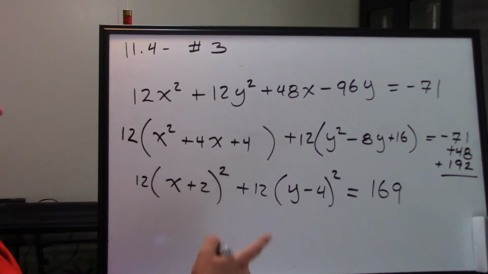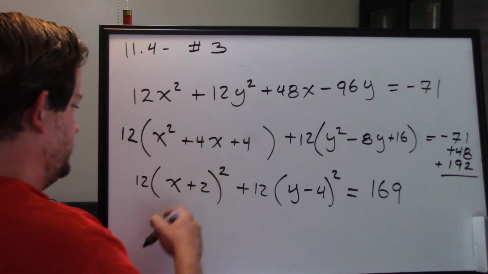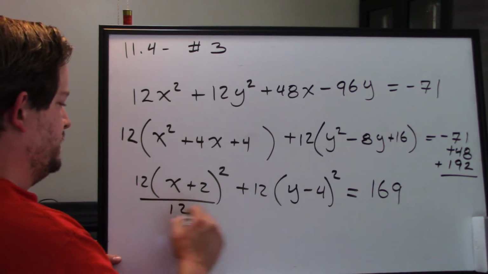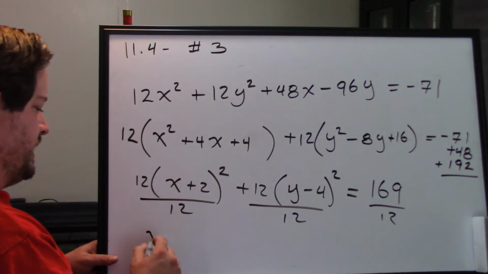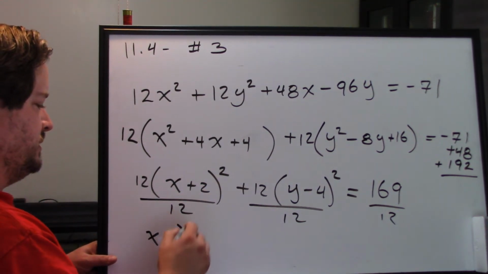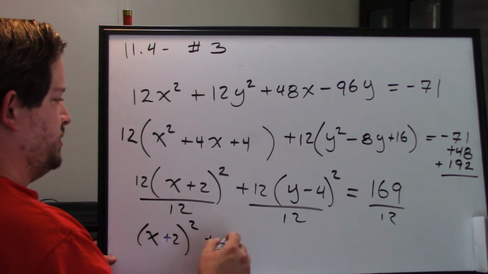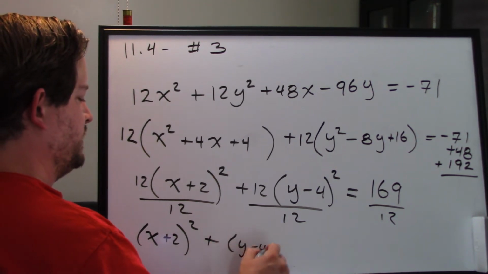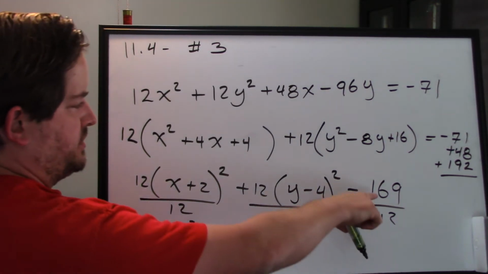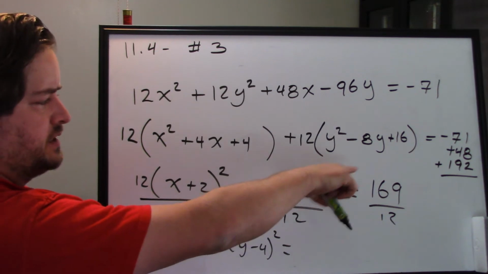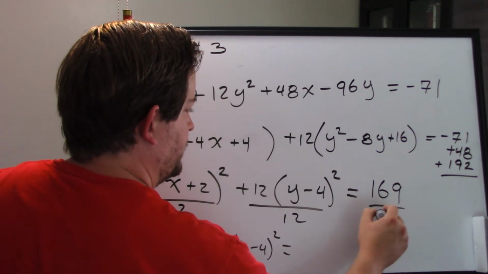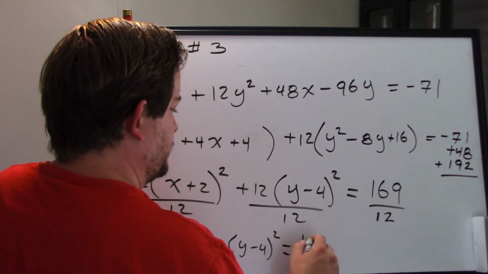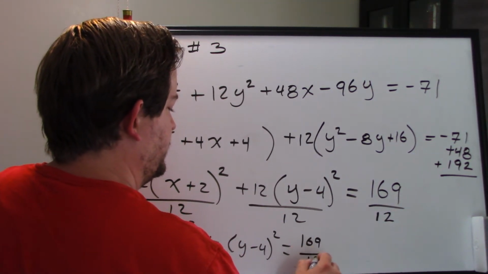And then I would simply divide everything by 12. Divide this by 12, divide this by 12, divide this by 12, and this looks like a circle. X plus 2 squared plus y minus 4 squared is equal to 169 over 12. This 169 is 13 times 13, so that can't simplify with a 12.